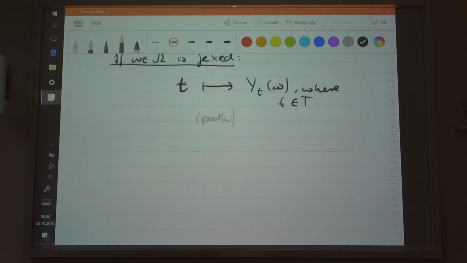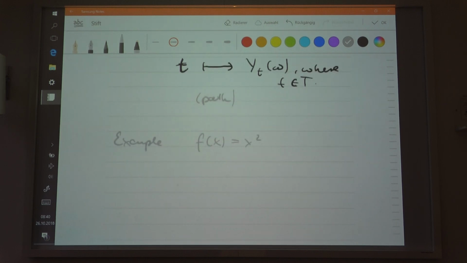I'm not sure if you understand this, but let me just consider the following example. Suppose that you have the parabola f of x equal to x squared, maybe it's notation that you know. Now this function goes from the set of real numbers to the set of real numbers. That's the notation for that. Let's say the element 2 is assigned to the element 4, because the square of 2 is equal to 4.